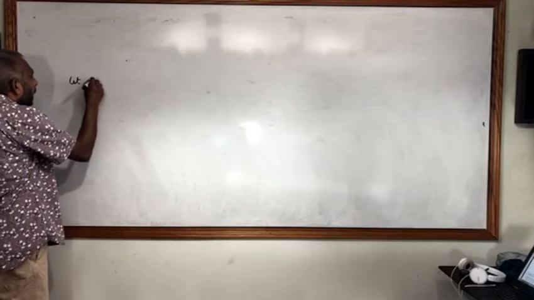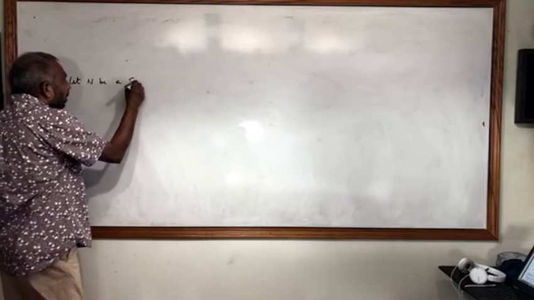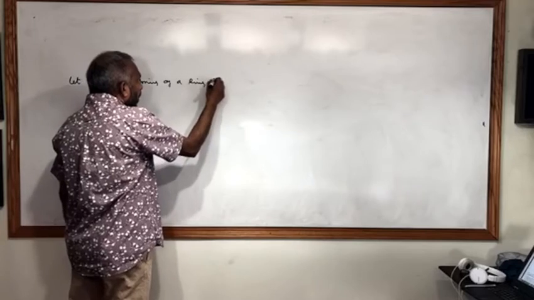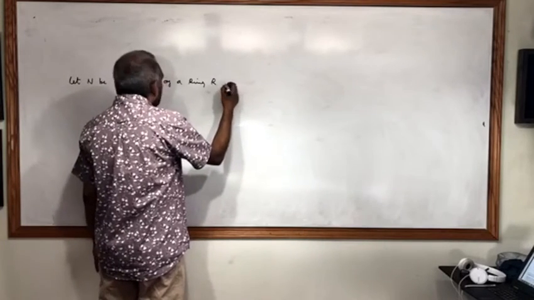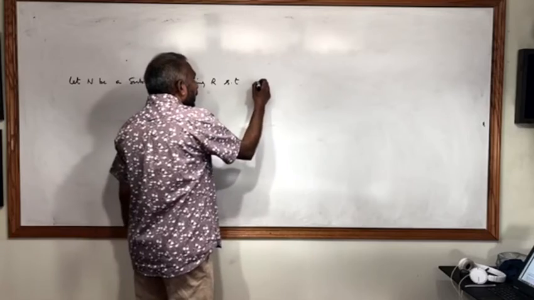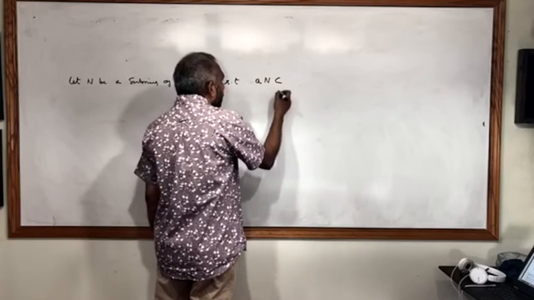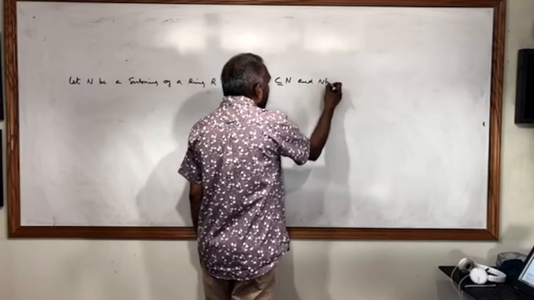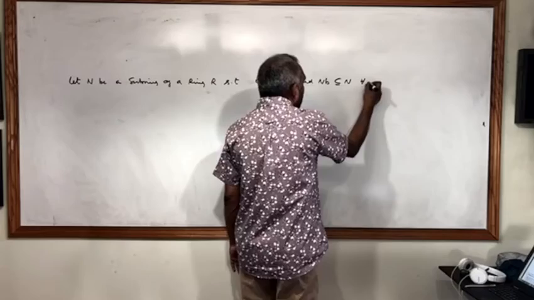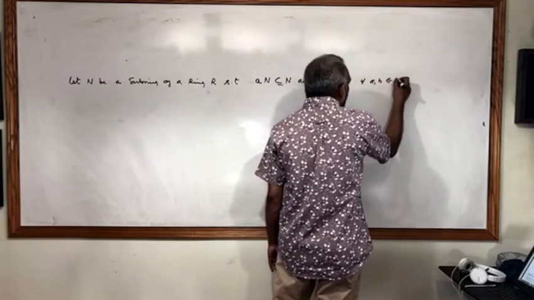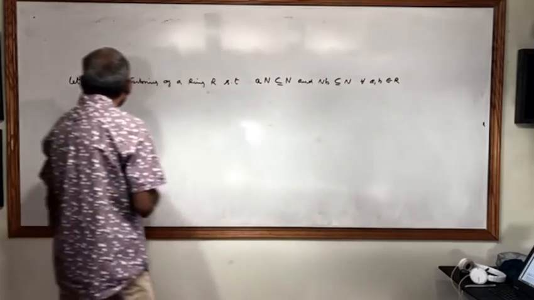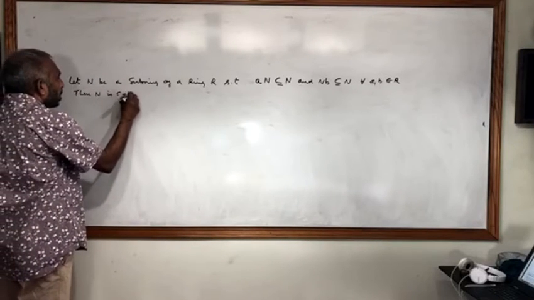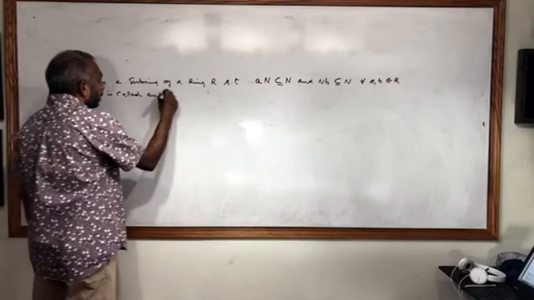Let N be a subring of a ring R such that aN is contained in N and Nb is contained in N for all a, b in R. Then N is called an ideal.